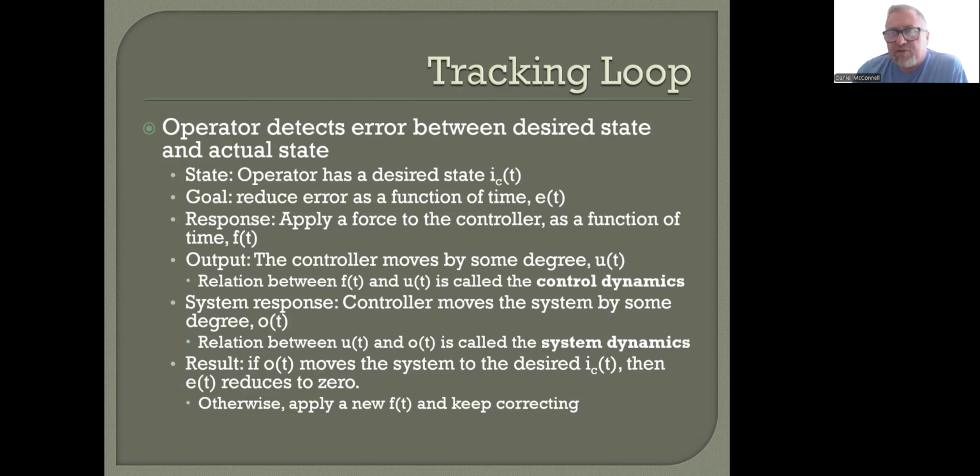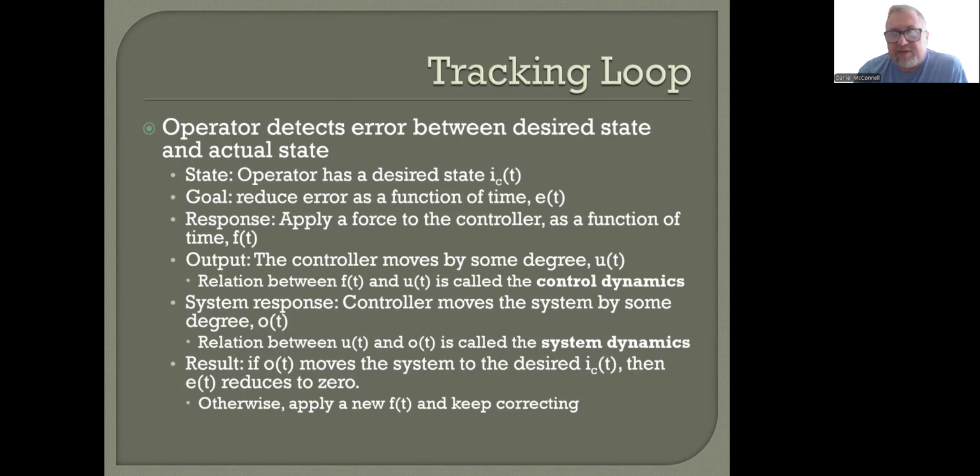But then once you get the controls moving, the next question is, how does the system respond to the control operations? And that is O, right? So now we have a mapping not just from F to U, but from U to O, right? So I apply a physical force to the controller. The controller will respond by moving by some amount, and then that's going to cause a change in my system.